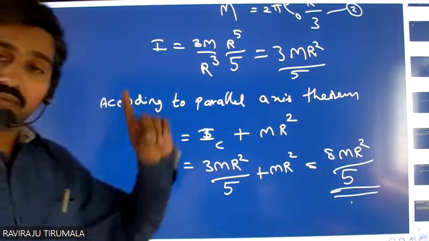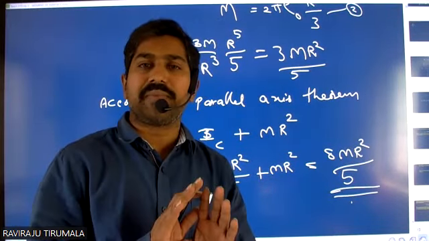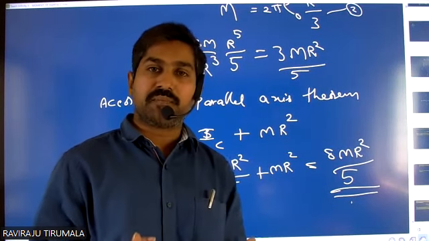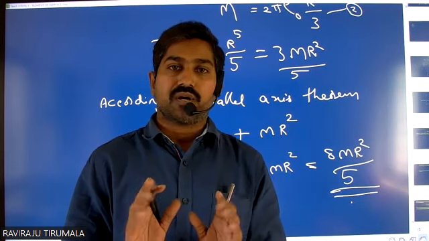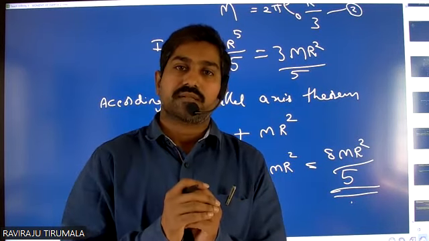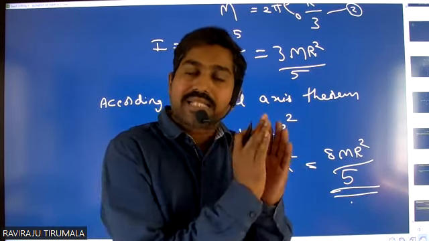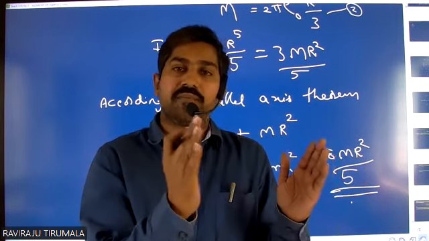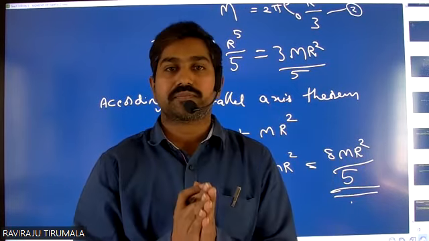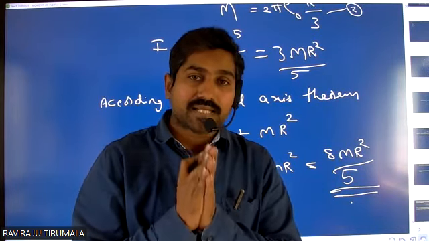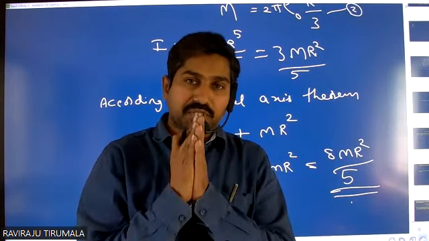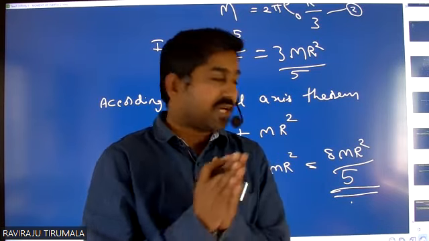See here, in the previous question and this question also, the same method we have used. What is that method? First of all, we have taken a small element of thickness dx in both the cases, and the distance from the reference point to this element will be x only, and then we calculated the integral of x² dm. We substituted the dm formula there and derived it.